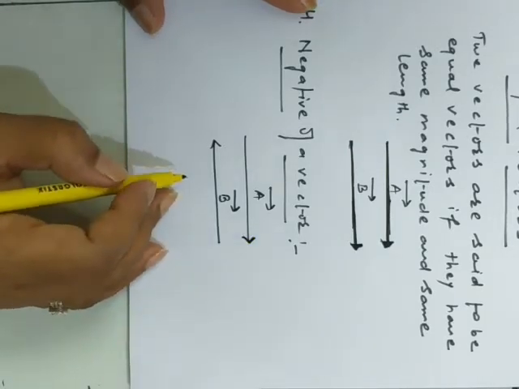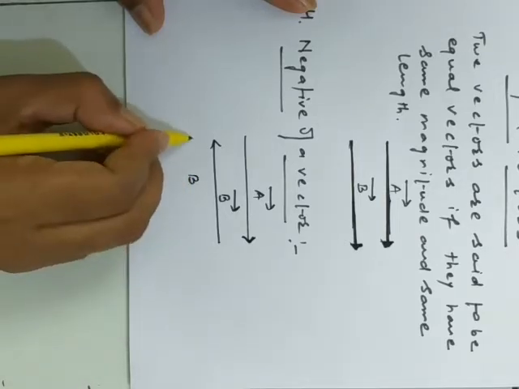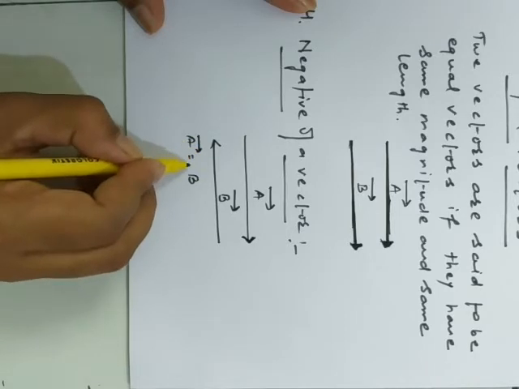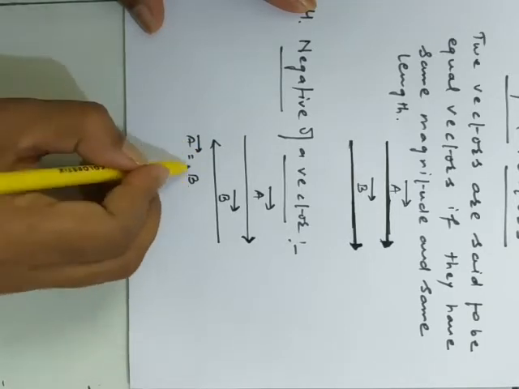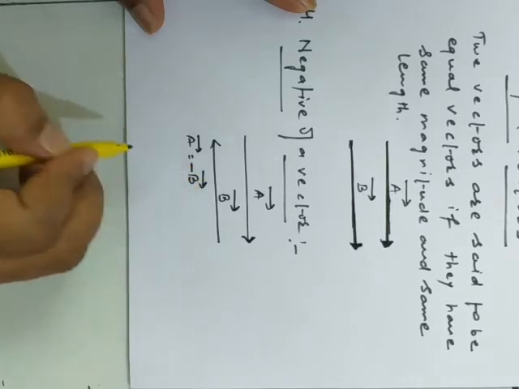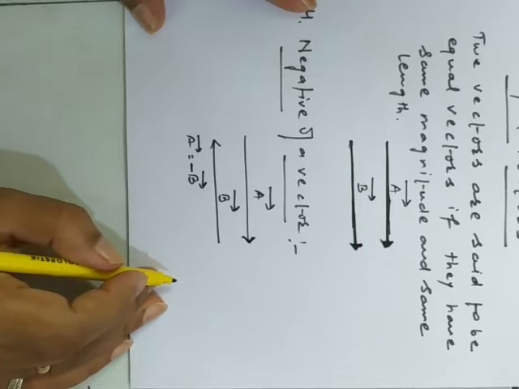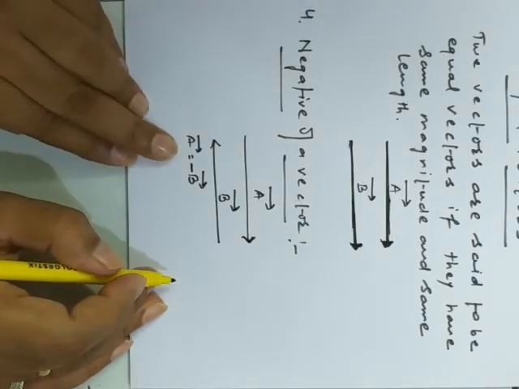So this is the concept of the negative of a vector. Here we can say that vector A is equal to minus of vector B. So this is the basic condition.